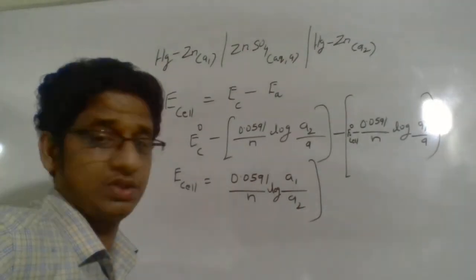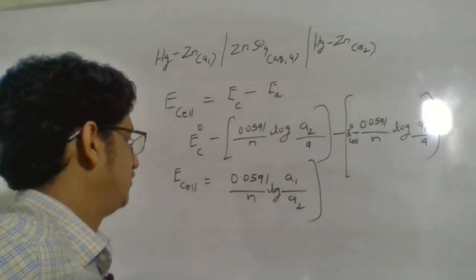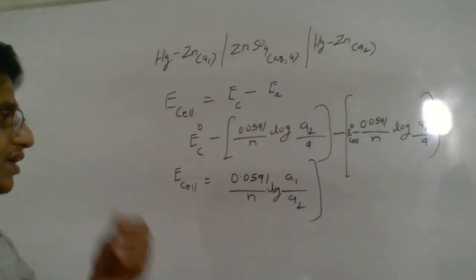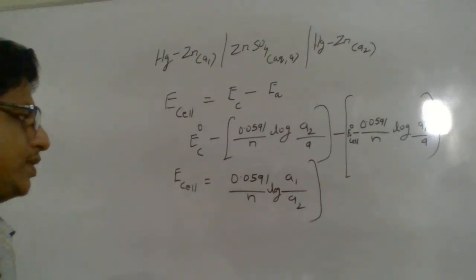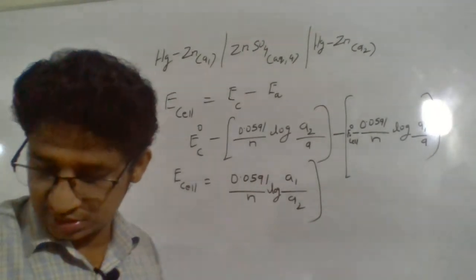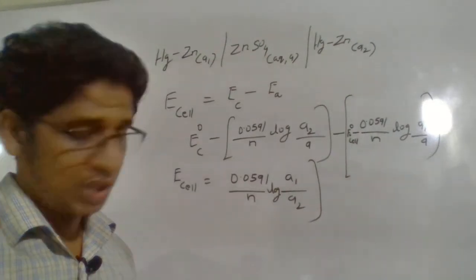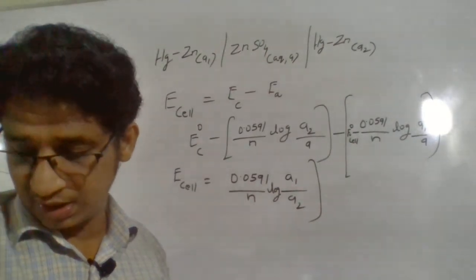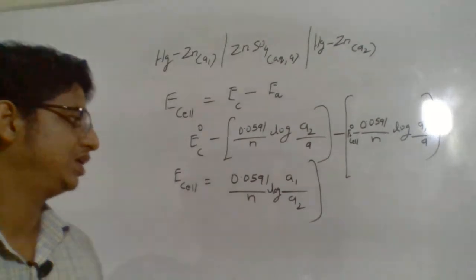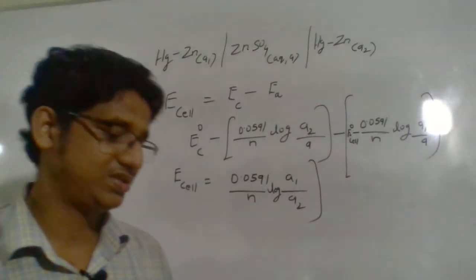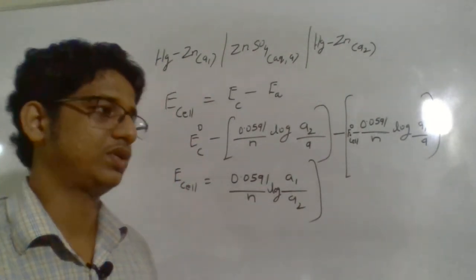So E cell equals 0.0591 divided by n log A1 by A2. That is the equation for the cell potential of an electrode concentration cell.